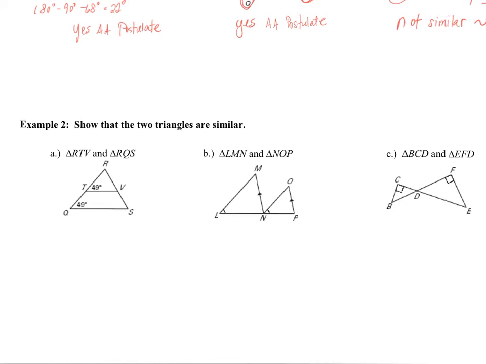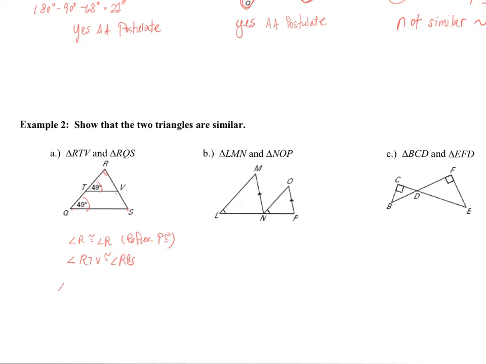Example 2. Show that the two triangles are similar. Part A. We look at triangle RTV and triangle RQS. We notice that angle R is congruent to angle R by the reflexive property of congruence. And then we notice that angle RTV is congruent to angle RQS.